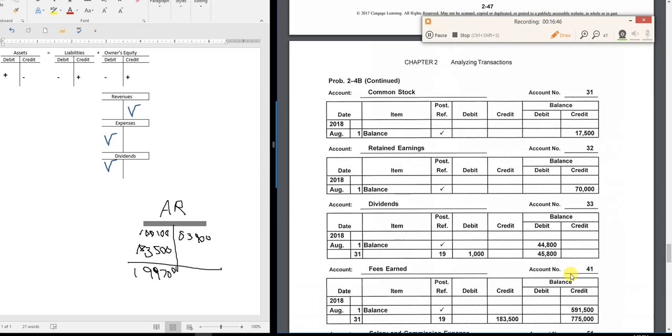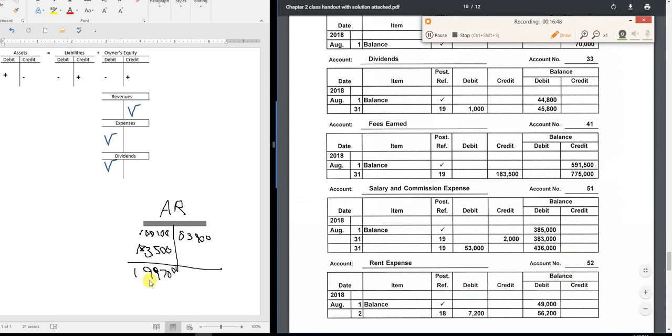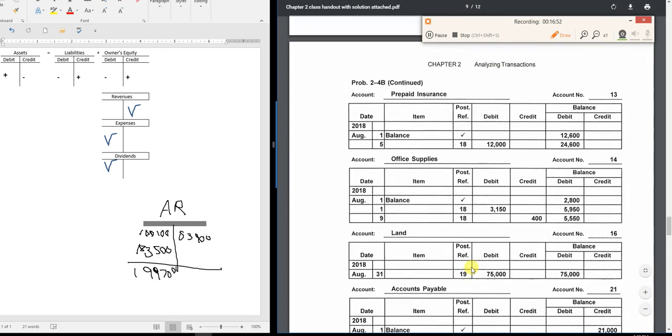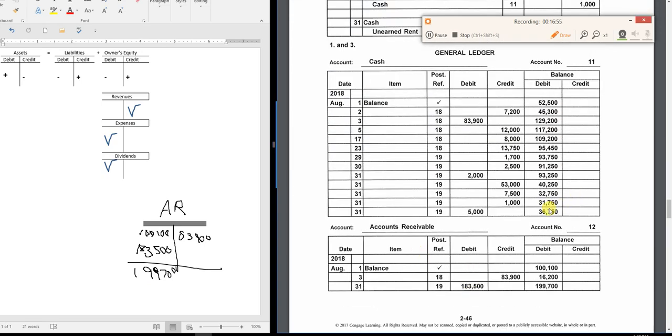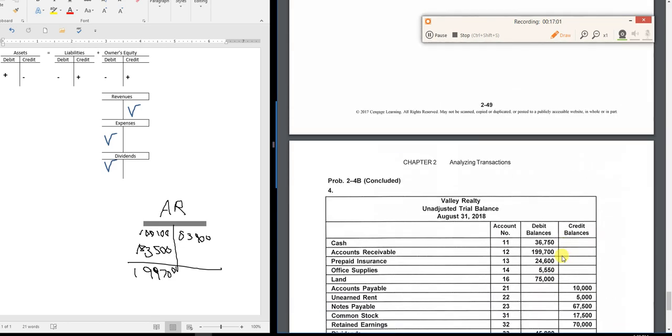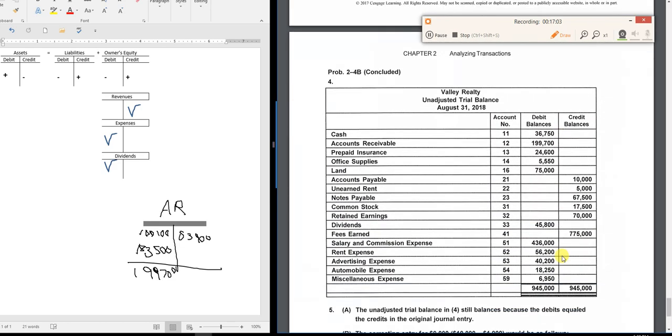So now, remember accounts receivable of 199,700, and remember cash of 36,750. So the next thing after I do that is I do a trial balance. As a trial balance, I simply list every account. So this is just a repeat of the opening.